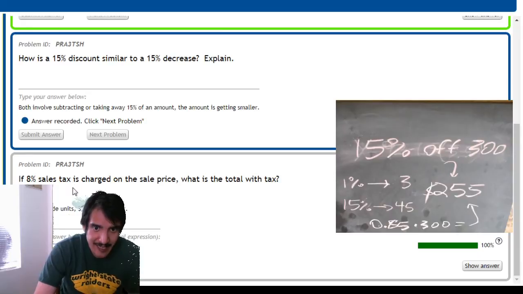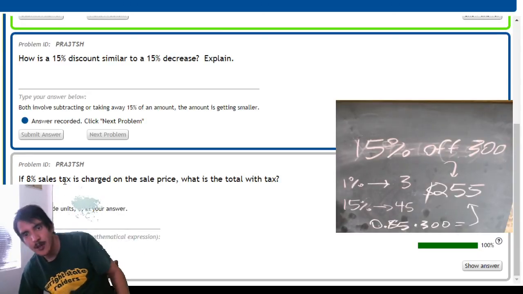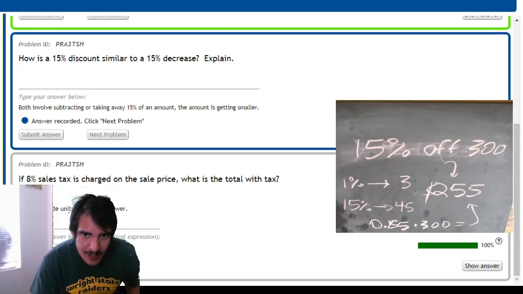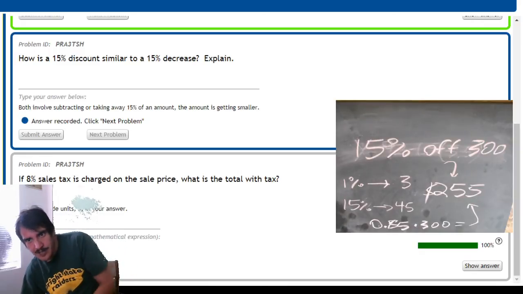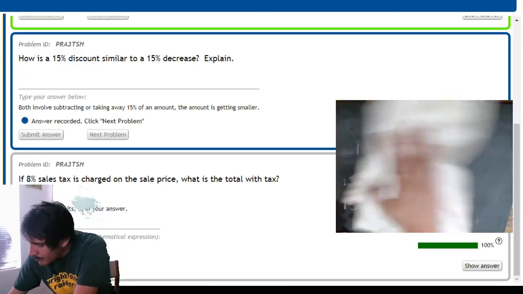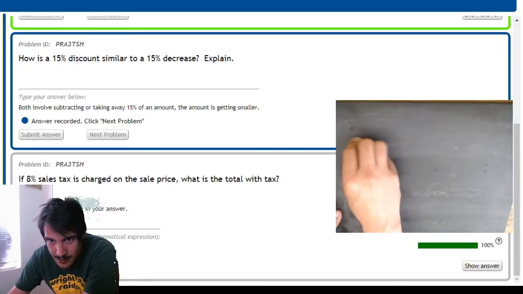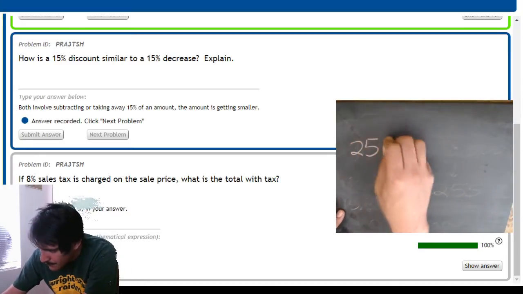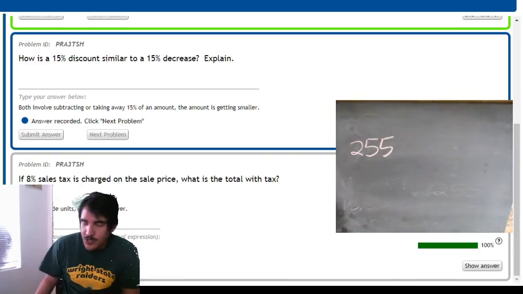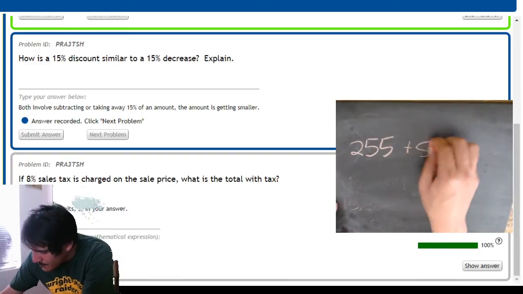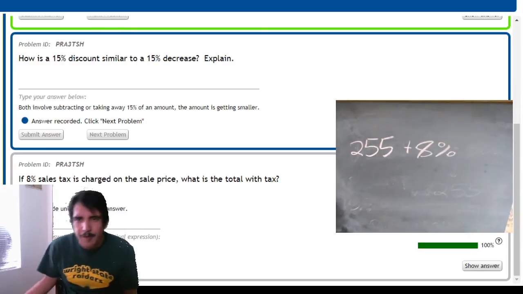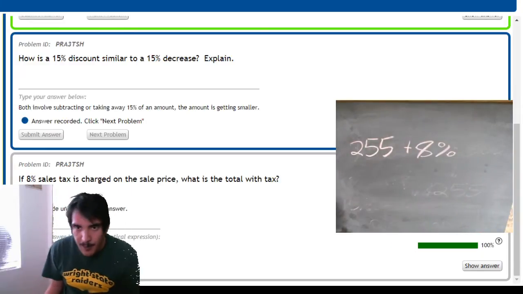If 8% sales tax is charged on the sale price, what's the total with tax? So 8%. So remember, the sales price we just found was $255. So what we're going to do is we're going to do $255, and we're going to add 8% of $255. Now, there's a couple ways we could do this.